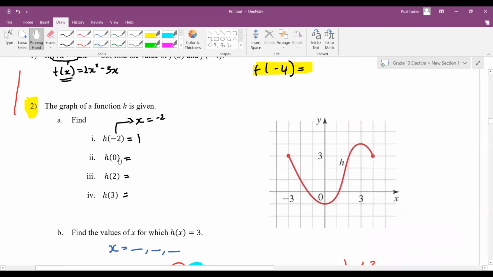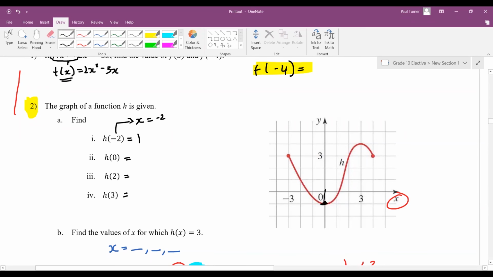So h(0), in this case, the x value is 0, isn't it? So if we look at our graph, this is x, 0 is here, this line. So that means we are looking at this value here.